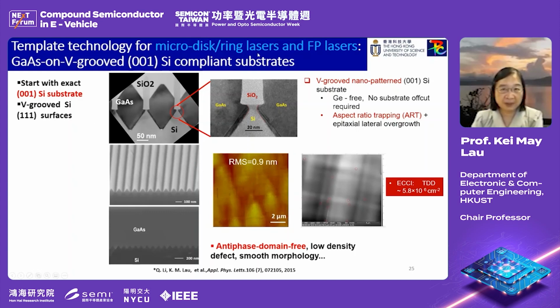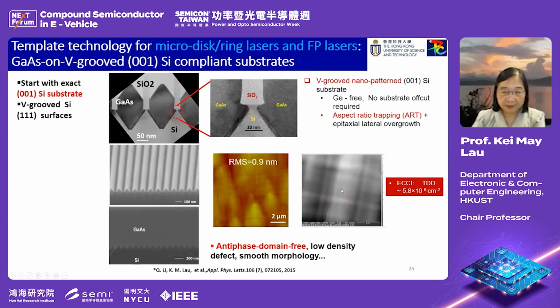We make microdisc lasers, micro ring lasers, and Fabry-Perot lasers, and with this V-groove that we created on the 001 silicon, you can get rid of all the interface boundaries.